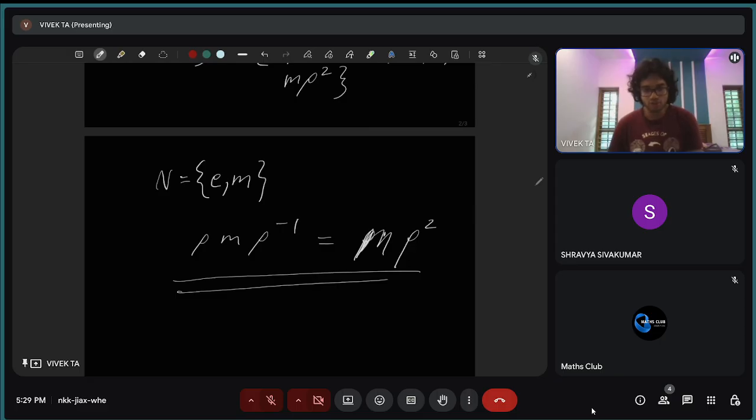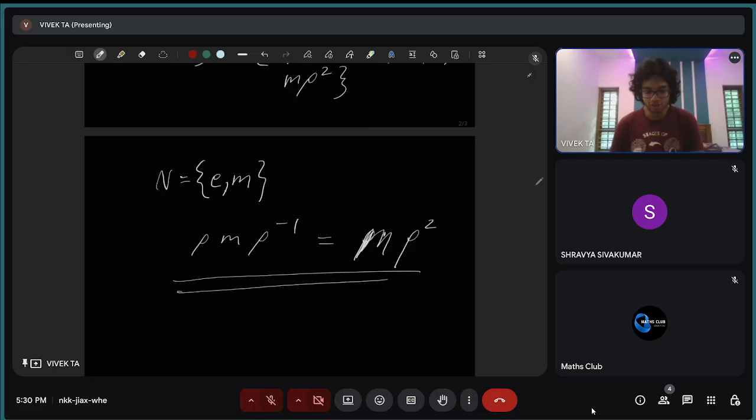Point is, you take how it is equal as an exercise. I am not sure if this relation is correct. It might be equal to M rho as well. But if you take M rho and apply rho inverse on both sides, you get rho M equal to M, which is not correct. So this relation is correct. Essentially, try to take it as an exercise and prove how this is true.